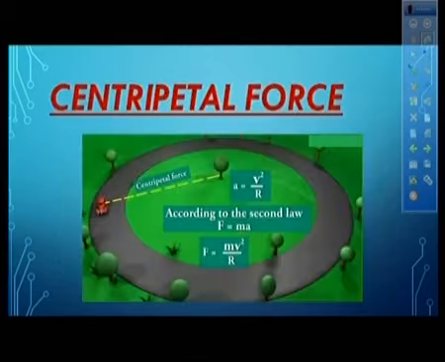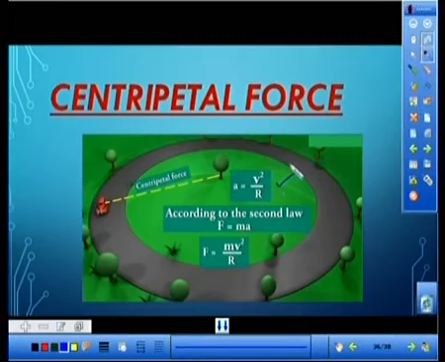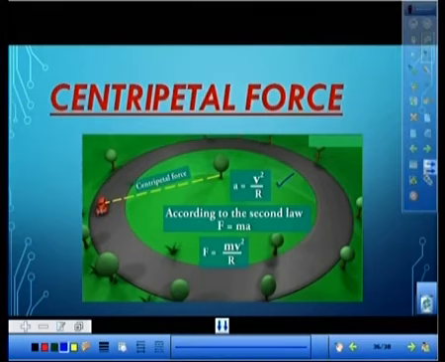Now, how can you calculate this centripetal force? Suppose I have an example that a car is circulating, it is in revolution, because the position of the car is continuously changing, around a tree. Then centripetal force is provided by the frictional force and acceleration is equal to v squared upon r. If you can derive the relation between the linear acceleration and the velocity, then you can say there is a relation a is equal to v squared by r.